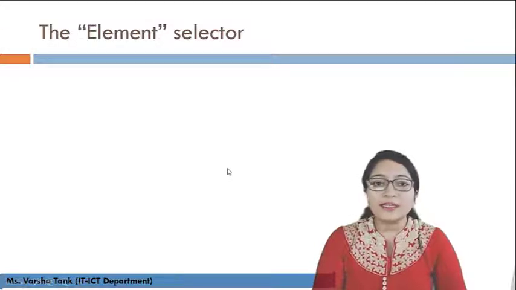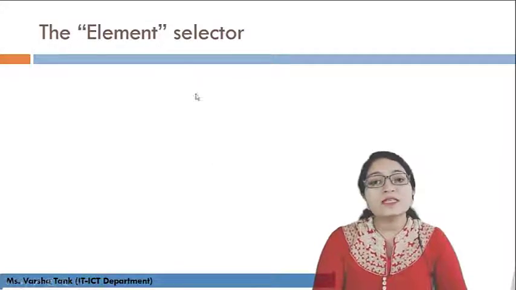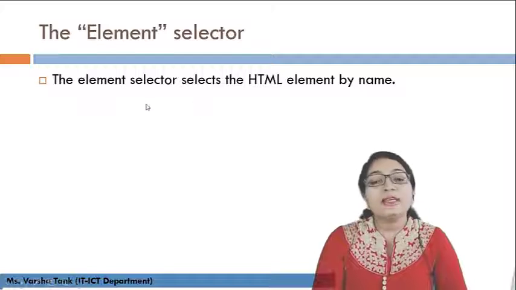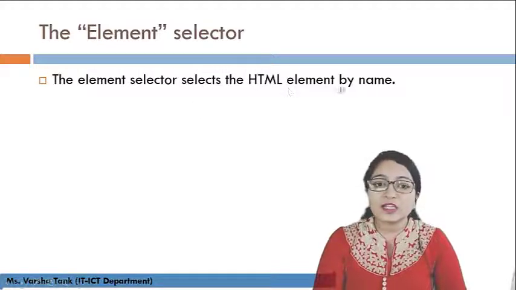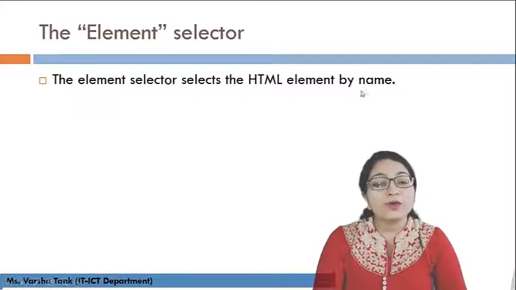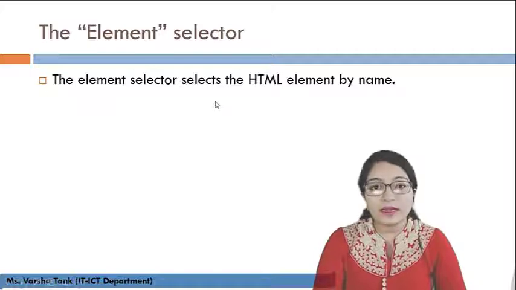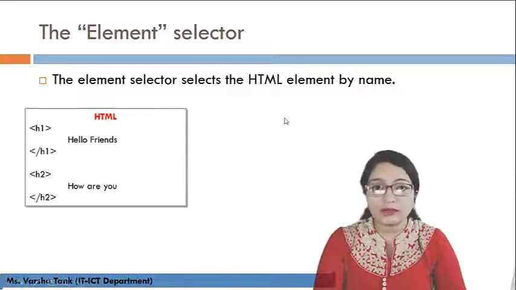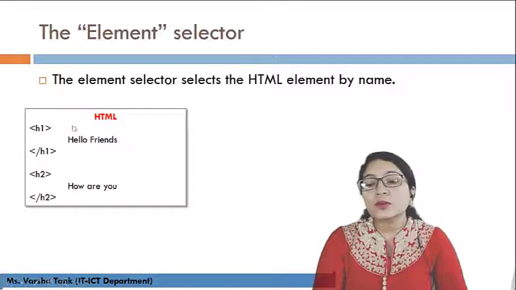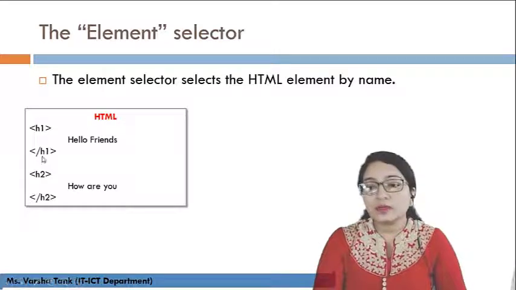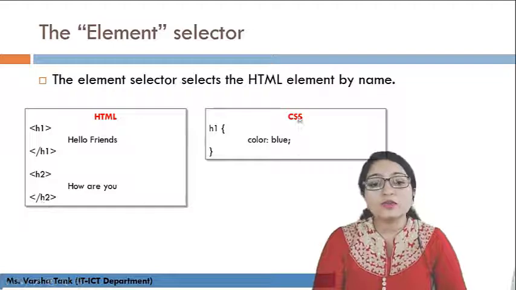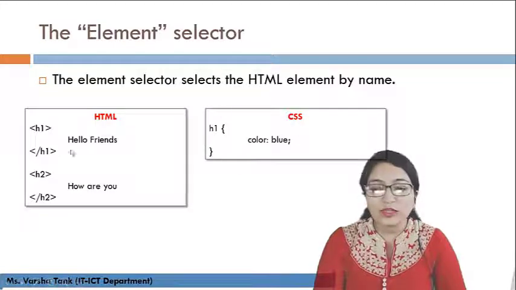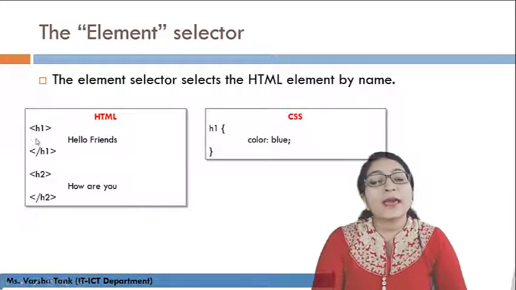So let's see the selectors one by one. First one is the element selector. The element selector selects the HTML element by name. Whatever the tag name is, that tag name you have to define in the style sheet. Here you can see an H1 tag and an H2 tag. Suppose you want to apply a style, you have to write the tag name as it is.